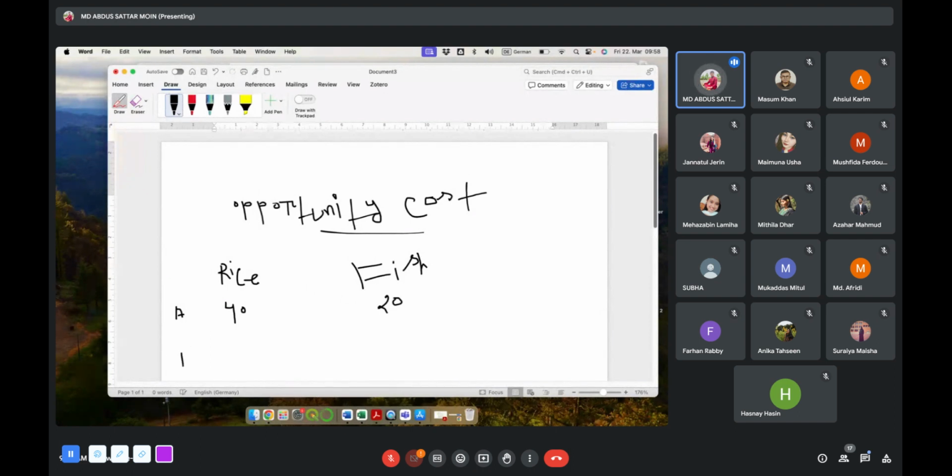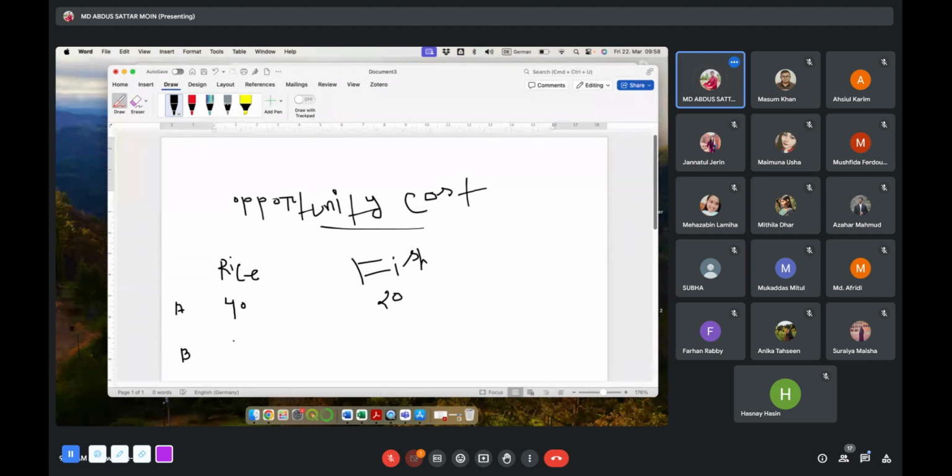And in combination B, you increase the rice production. Let's say now the rice production is 60 units, so the fish production must go down. So the amount of fish production becomes, let's say, 15.